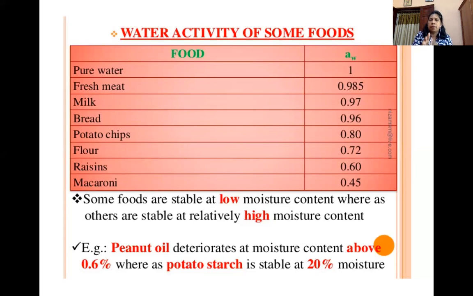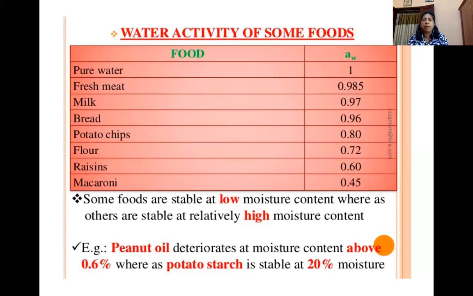The surface appearance is totally different, and the taste is different. When we take the milk, it's totally different. Sensory attributes are different. The bread is totally different, but all have a high water activity.